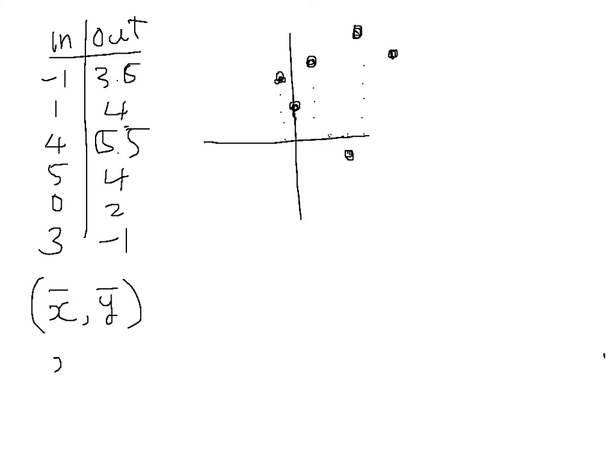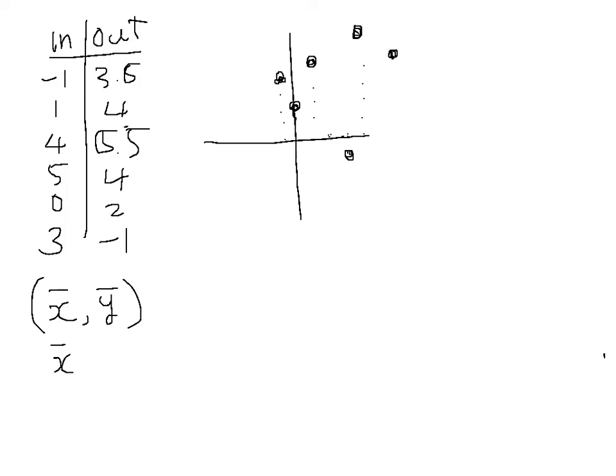It's very simple. X bar is the mean of the x inputs. Let me take out my calculator. We have negative 1 plus 1 plus 4 plus 5 plus 0 plus 3.